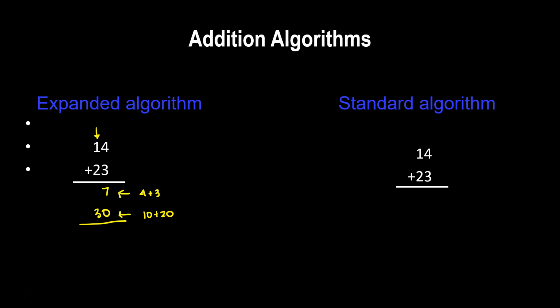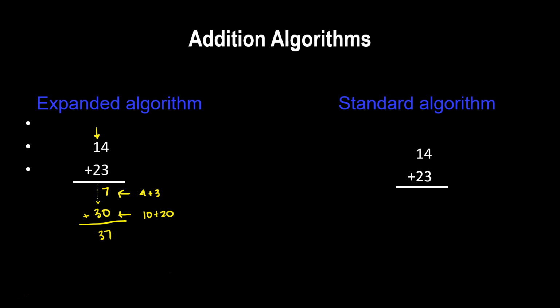This is different than what you've seen before, and it helps with explaining that a 1 and a 2 in the tens column are not the same thing as a 1 and a 2 in the units column. When I add the 1 and the 2 in the tens column, it needs to fall directly under the tens place, and it will if we write it as 30. So 10 plus 20 gives us 30, and then we add that together to be 37.